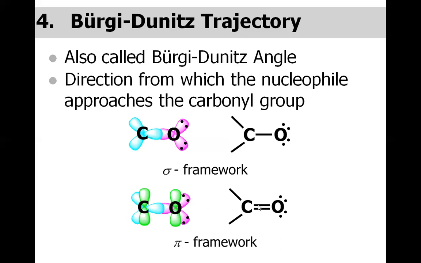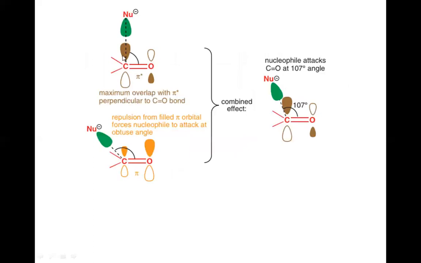This gives rise to the pi bond. And remember, we have the anti-bonding orbital, pi star, which is perpendicular to the plane of the carbonyl. So when a nucleophile attacks, it attacks the anti-bonding orbital of the carbonyl pi bond, which is called the pi star.